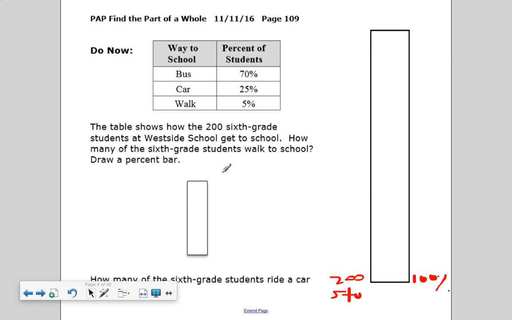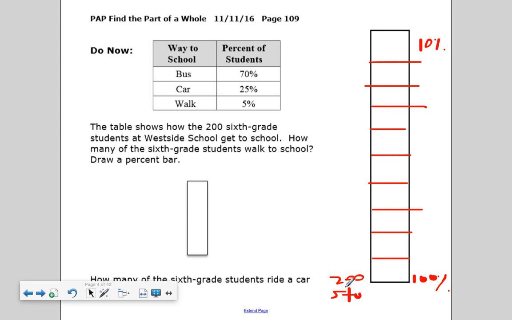So walk to school. That's 5%. So I need to break this down into 10 parts. 1, 2, 3, 4, 5, 6, 7, 8, 9, 10. So each section represents 10%.